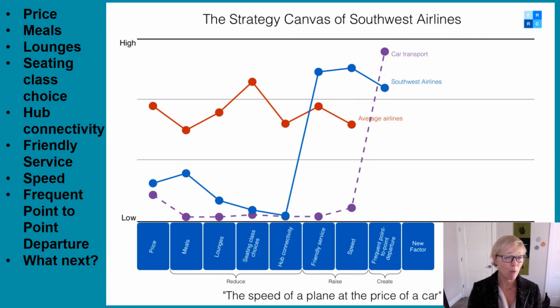But on the point of price, you will see that Southwest Airlines situated itself way below your average airline and just slightly above what it would cost to drive to some place.